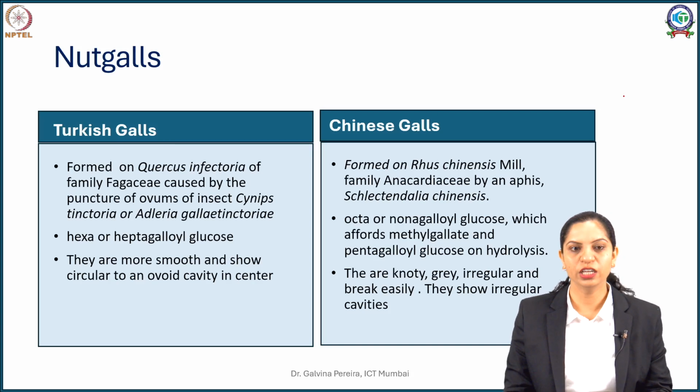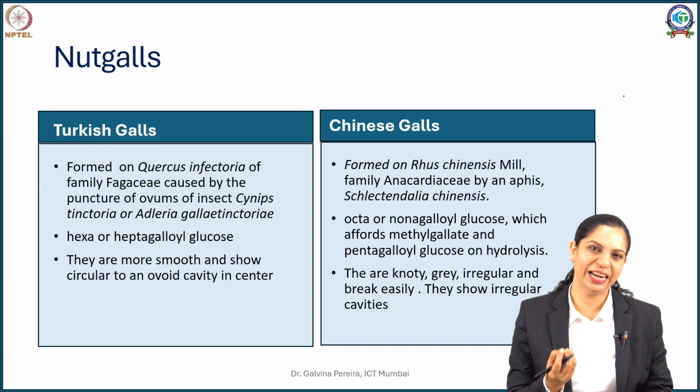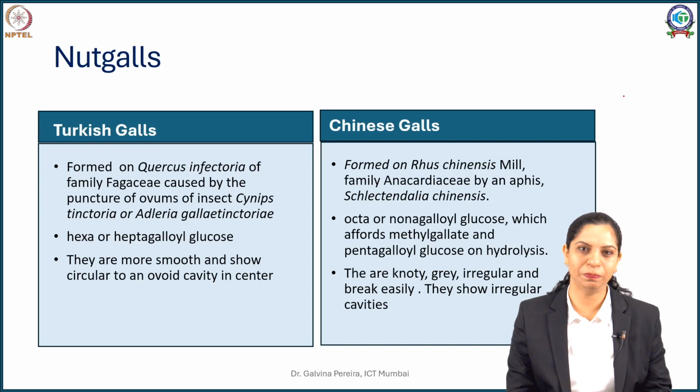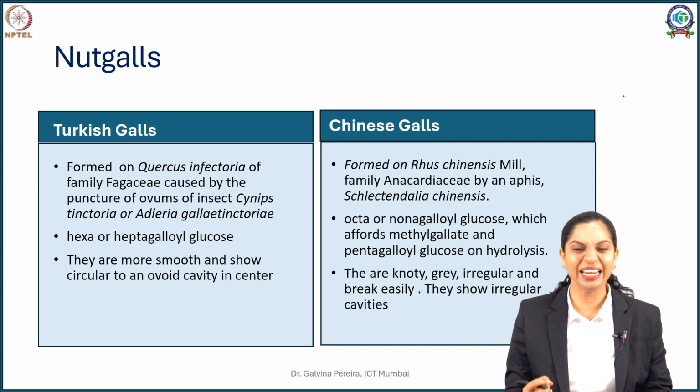the Japanese galls. The difference between them is the host plant. In your Turkish galls, the host plant is Quercus infectoria, and the insect which generally causes this pathology is Adleria gallae-tinctoriae or Cynips tinctoria. Whereas in Chinese galls, it is Rhus chinensis, the plant which is generally infected by the aphid Schlechtendalia chinensis.